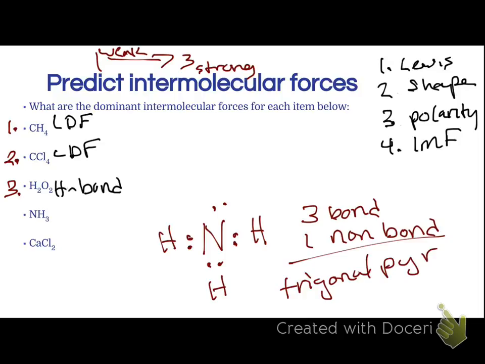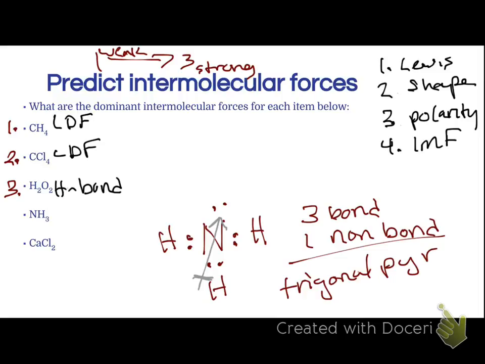And trigonal pyramidal is never symmetric either because you have this negative charge on the top. And so that means that the dipole is going to point toward the electrons. So this is a polar compound as well, which means that I have to decide what kind of forces it has. Let's see.